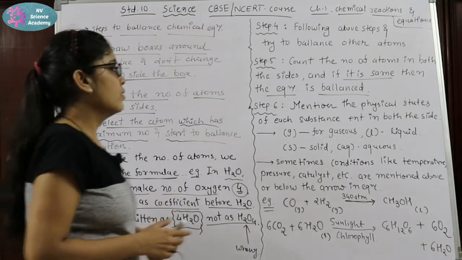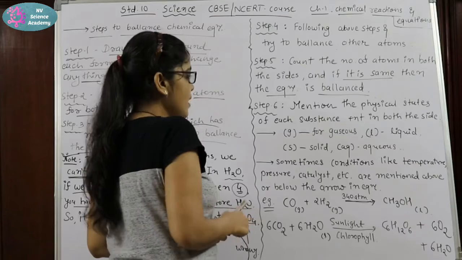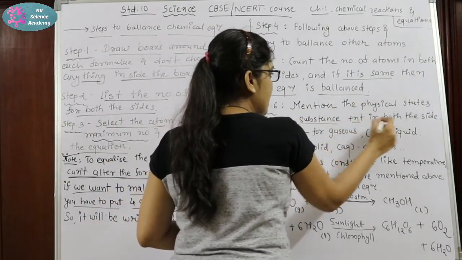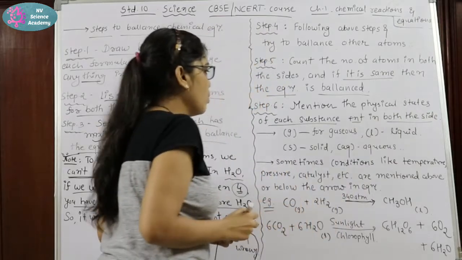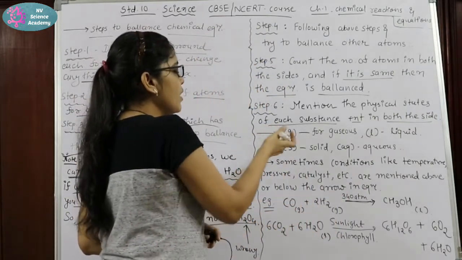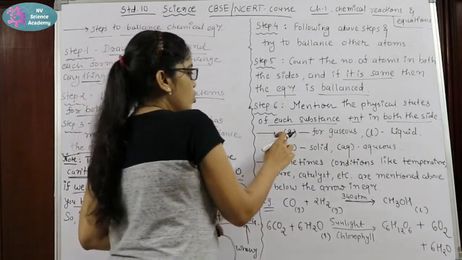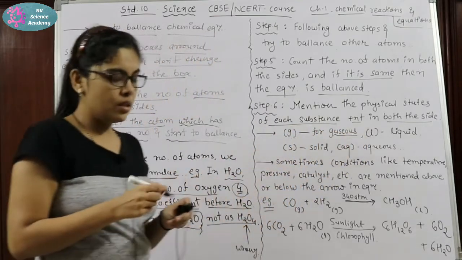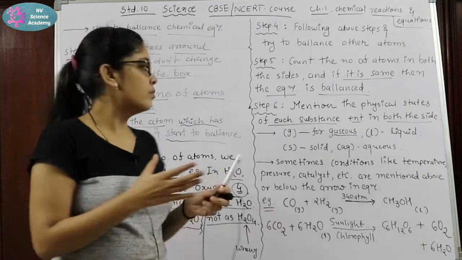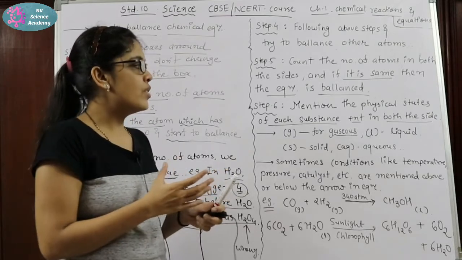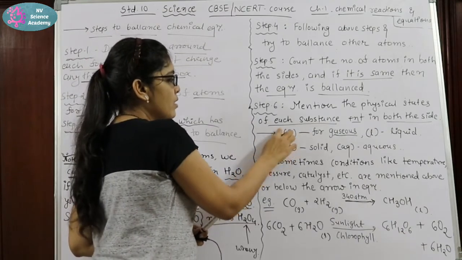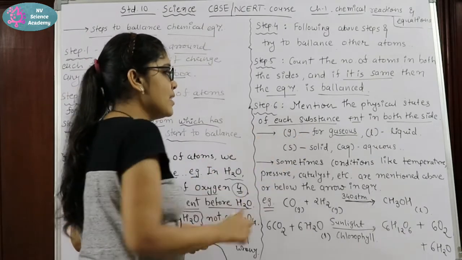So this is step 6, mention the physical states of each substance present on both sides. So how will you mention? G for gaseous. If any substance is in the gaseous physical state, you have to write small g in brackets like this.